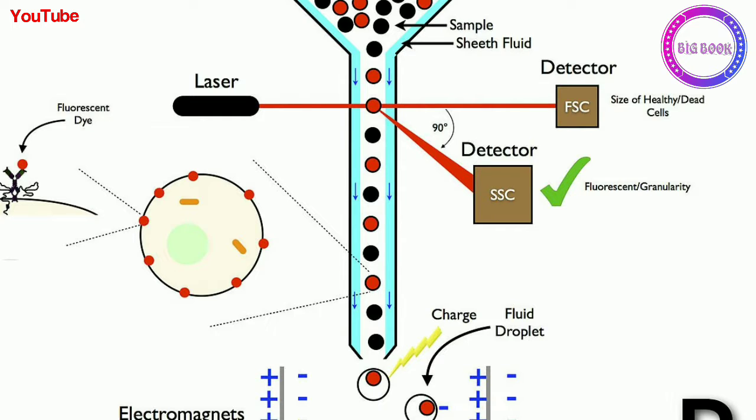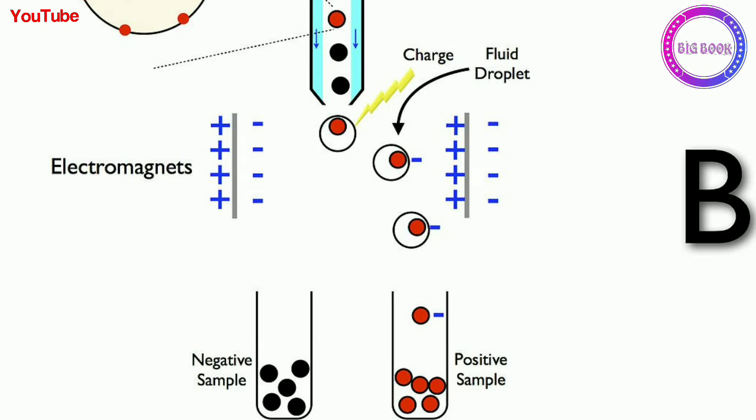Sheet fluid is one which has a uniform viscosity, keeping the sample cells separated from each other, which is going to pass through the light source and also through the electrical ring, which gives the charge for each and every cell depending upon whatever fluorescent dye has been detected from the detectors, which are the forward scatters and the sideward scatters. Forward scatters are parallel, sideward scatters are perpendicular to the source of the light. And the electrical ring is placed at the aperture, which is just below.